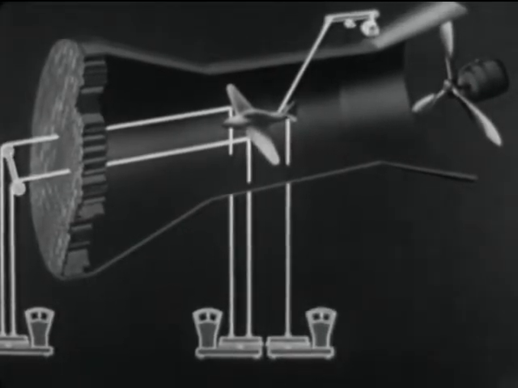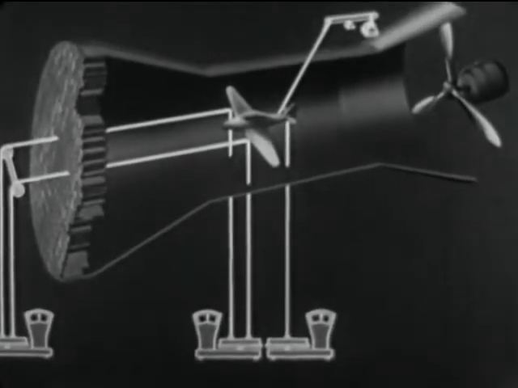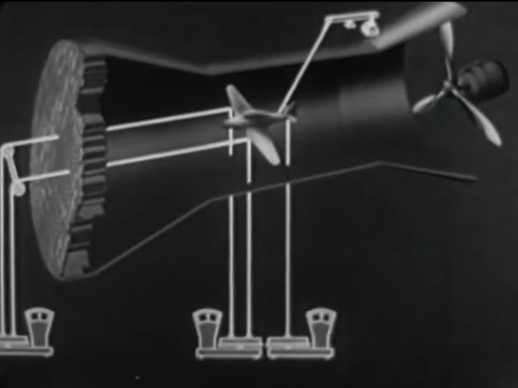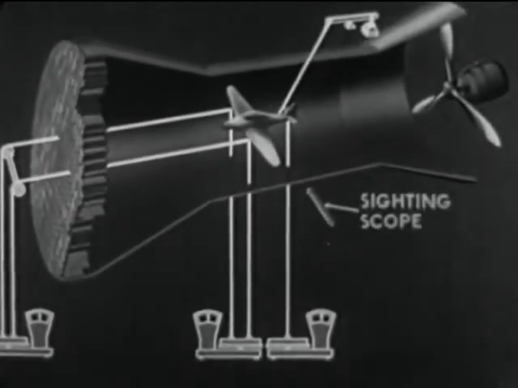Finally, a wire extends from the tail down to a third scale. In this way, the model is suspended so that the various forces exerted upon it may be measured. The position of the model is observed through sighting scopes.